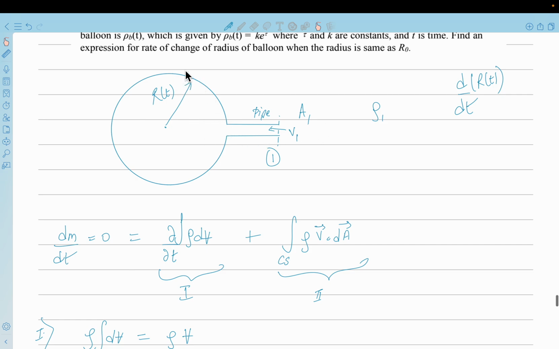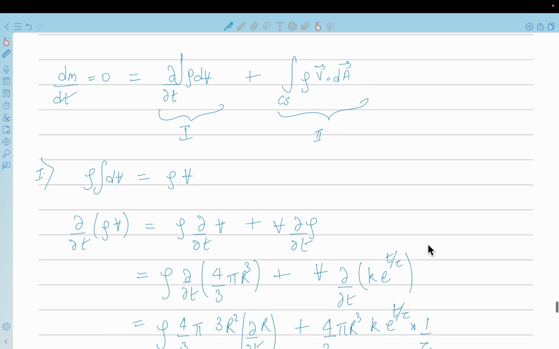Is there any flow? Yes, tell me. Rho 1 A1 V1, is that right? Minus sign, very important, right?